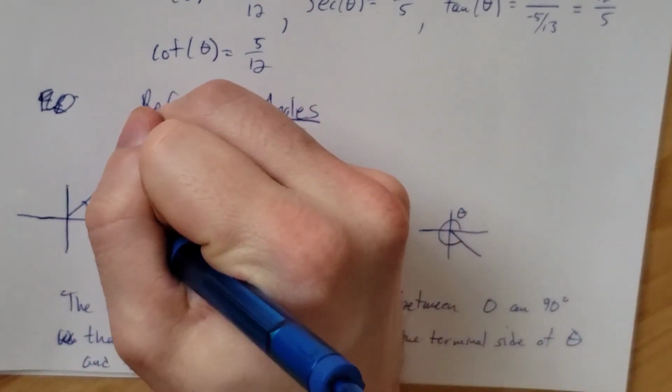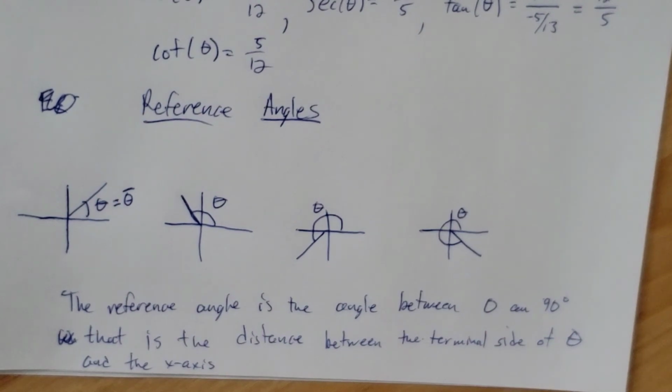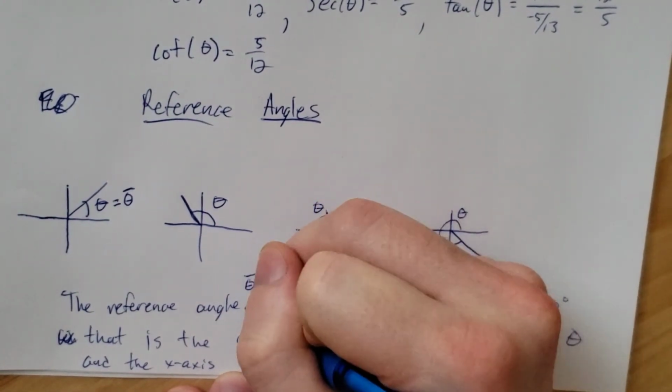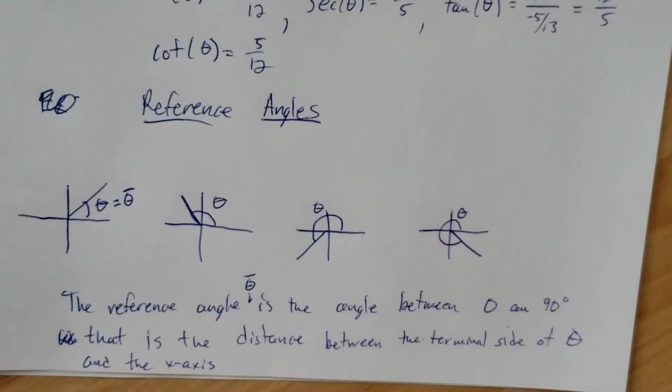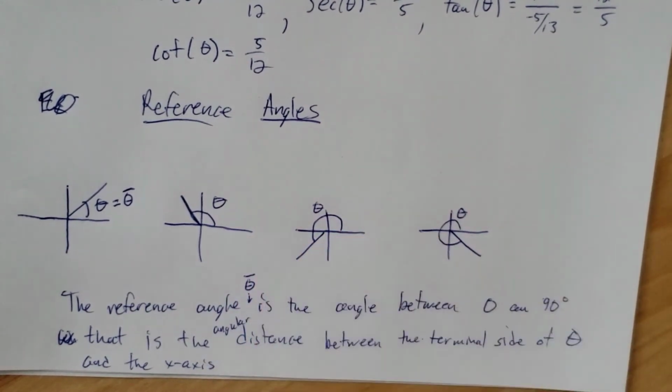Sometimes you'll see the reference angle as theta bar, so with a little bar over it. So I'll write that in here. Theta bar. The reference angle is theta bar. And that's an angle between 0 and 90 degrees, and it is the, I should say, angular distance between the terminal side of theta and the x-axis.